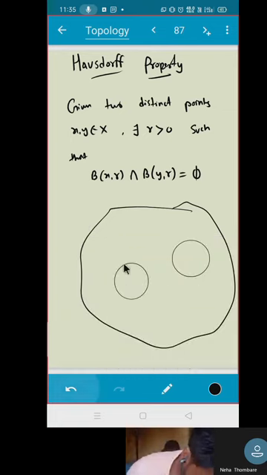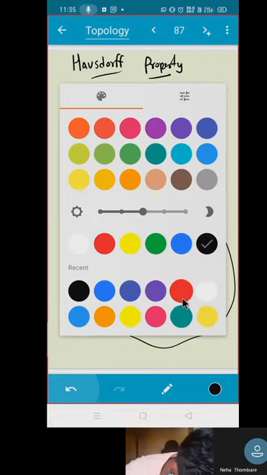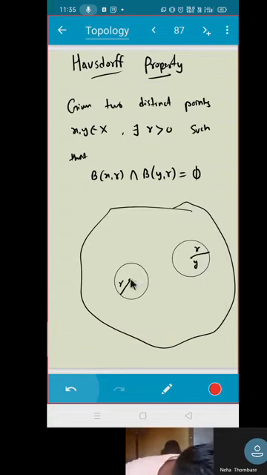And what is the change here? Here I am having this guy as x, this guy as y. I just need to make sure of something. There exists r such that this holds. And what do you think about the distance between these two?